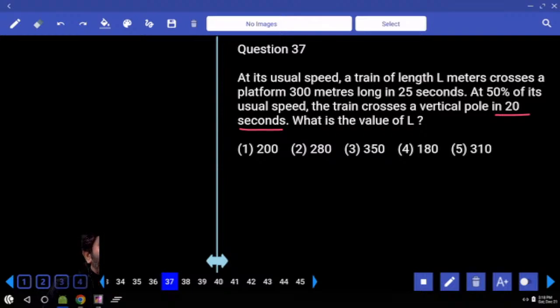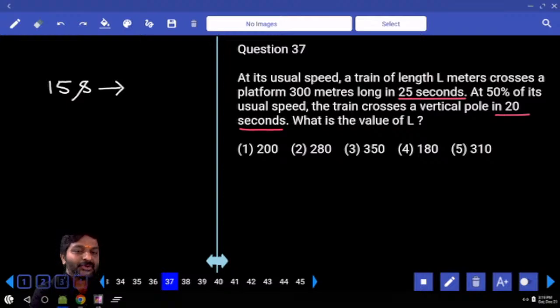How much? In first case? Second case? Difference? Why is it coming as 15 seconds difference? Because of platform length. In first case, train crosses a platform. It will cover train length and then platform length. Whereas second case, it is going to cover a pole. That means it is covering its own length.